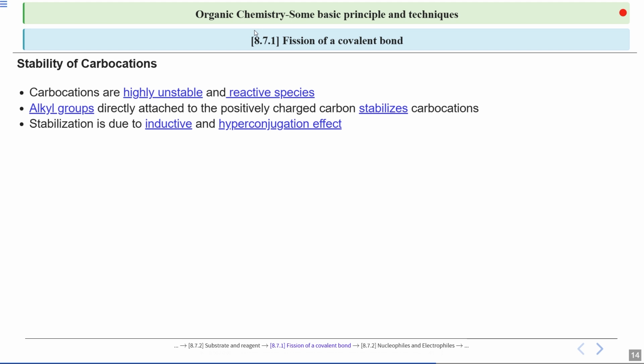So this donation of electrons is done in various ways, and these are called electronic effects. We'll talk about both of them, inductive and hyperconjugation. The alkyl groups do donate electrons, that is for sure, but there are several ways to do it.